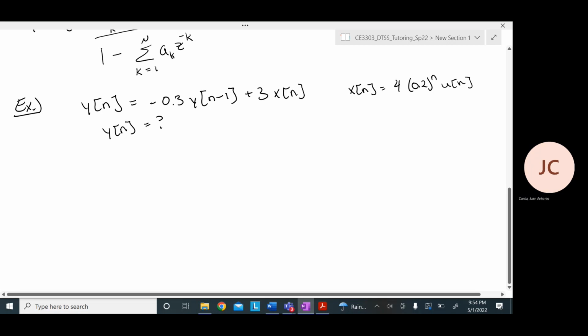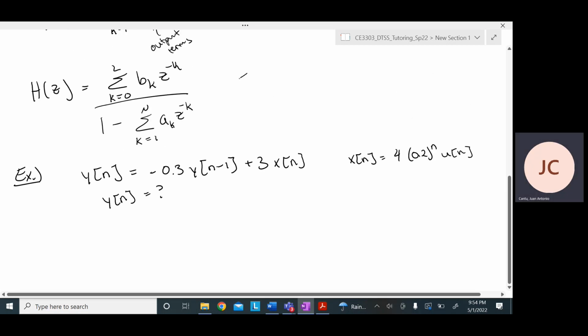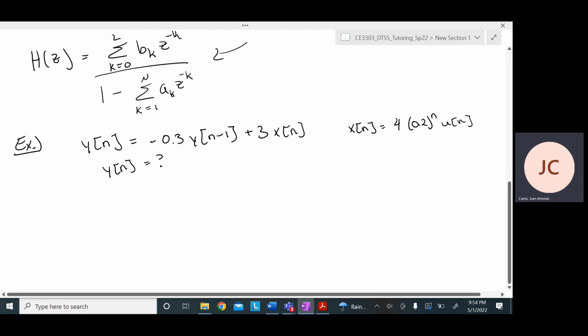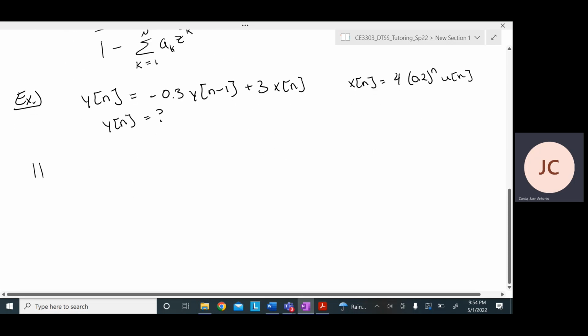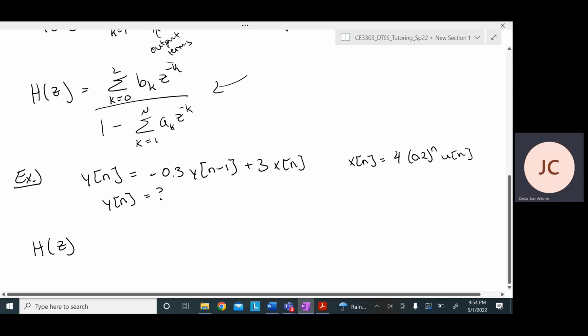So we're going to use this summation up here to figure out what our transfer function is, H of z. H of z is equal to the sum of our x term coefficients times z to the minus k.